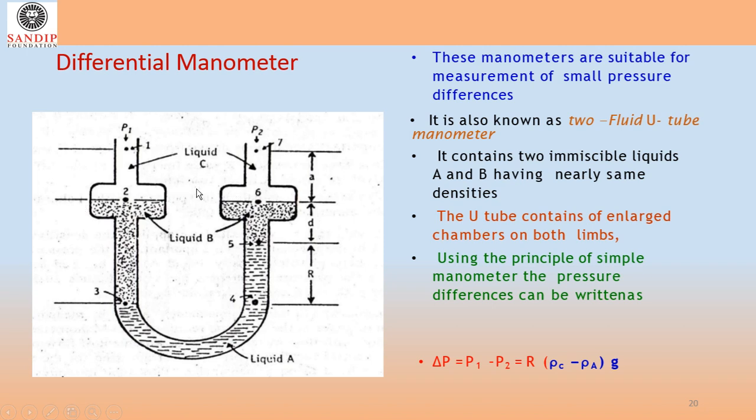Using the simple manometer principle, the pressure difference can be written as delta P is equal to P1 minus P2 is equal to R into rho C minus rho A into G. So this is the final equation obtained for the differential manometer.